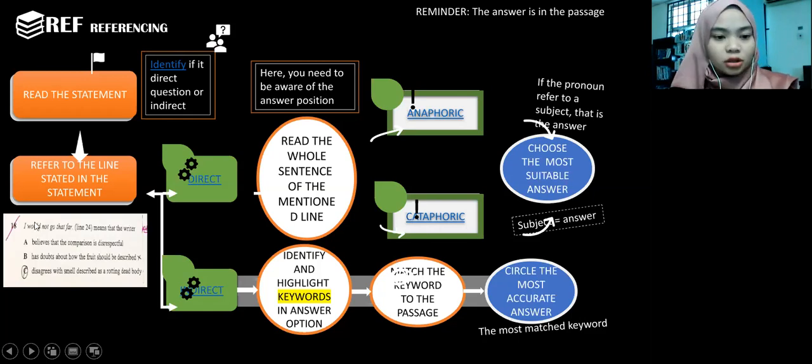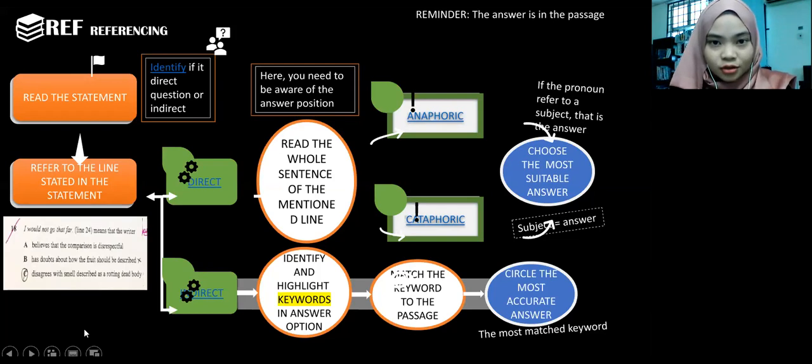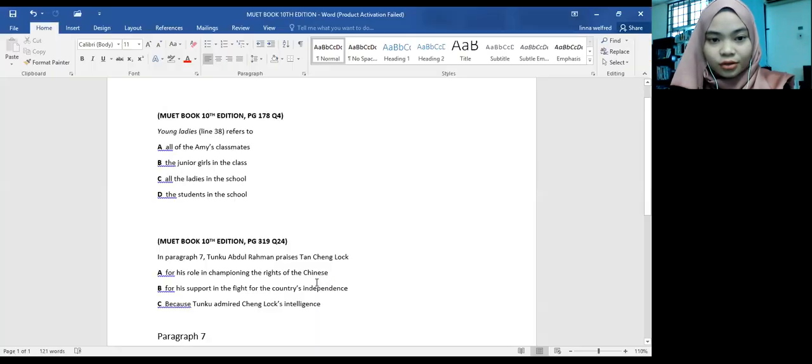Okay, so to make it clear, I want to demonstrate and show you examples on how to answer these particular questions. Let's move on to the first one. The examples are from the MUET Book 10 edition, page 178, question 4.